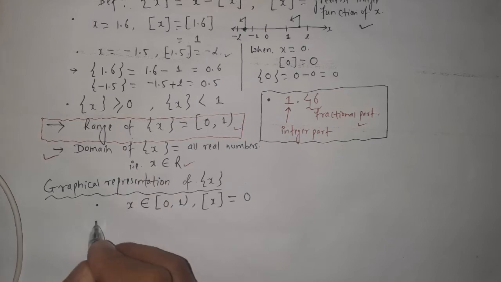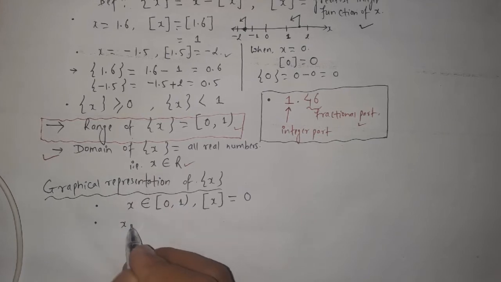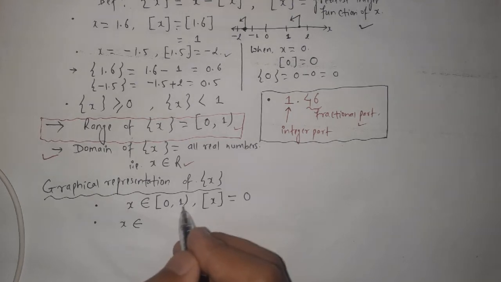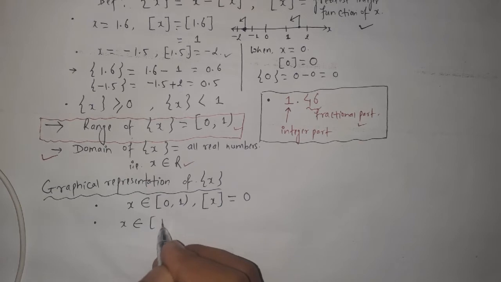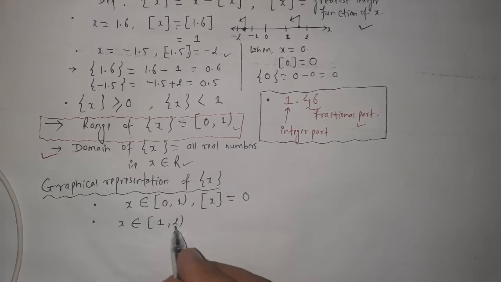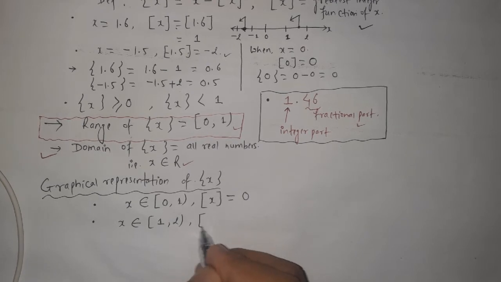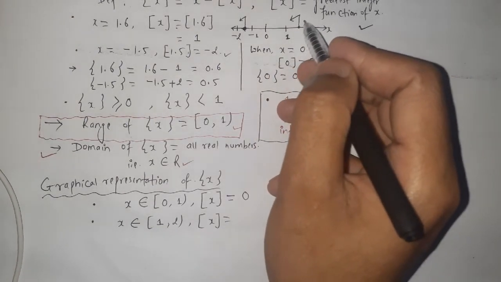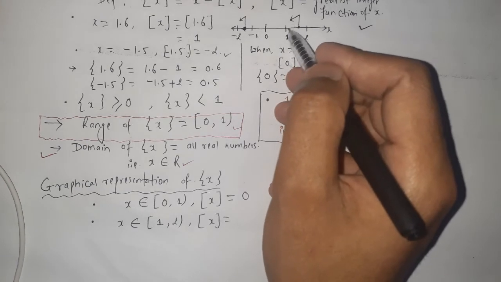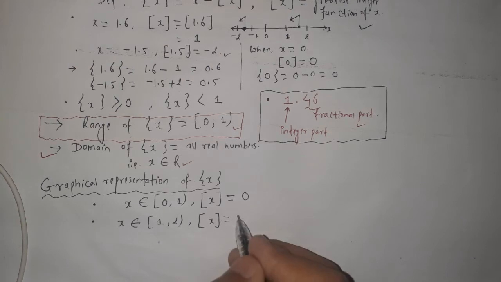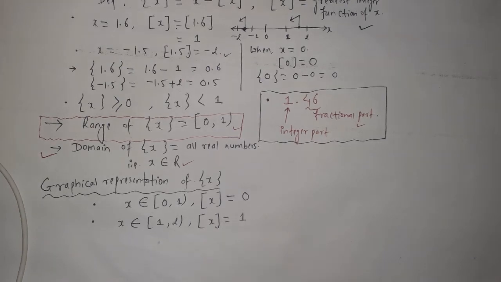Similarly, if the input is from 1, included, to less than 2, 2 not included, all the values converge to 1. So the greatest integer of x in this situation is 1.